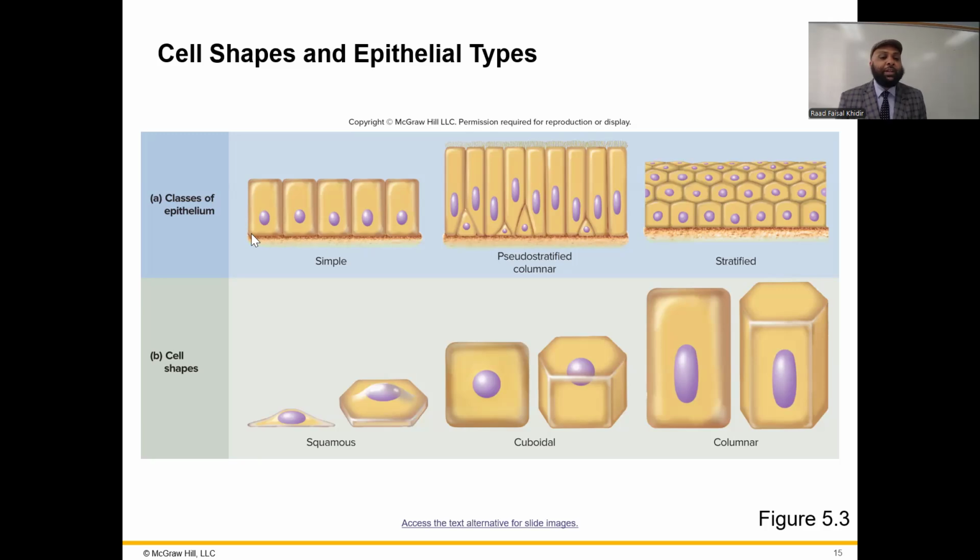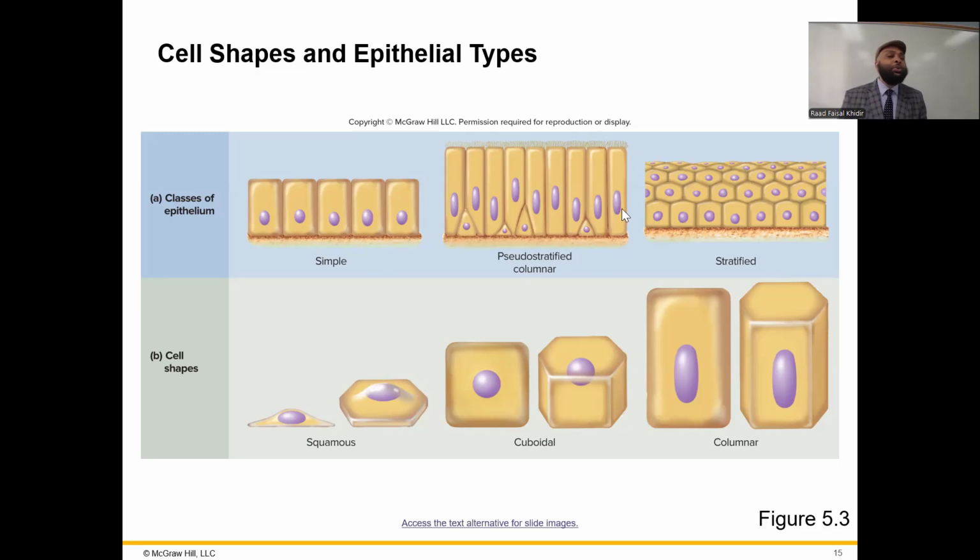In simple epithelium, every single cell is touching the basement membrane. In stratified epithelium, some cells touch the basement membrane while others lie on top of each other. And there is one in the middle, in the gray area.